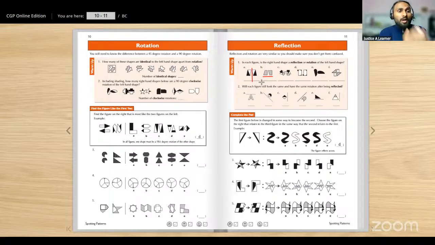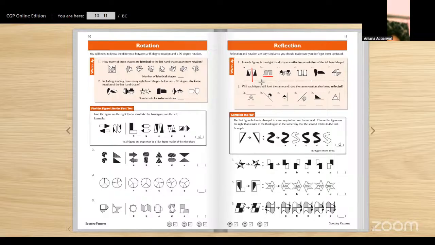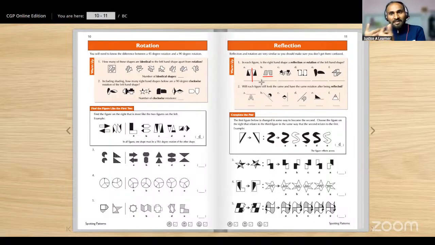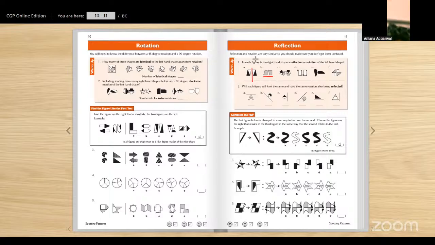But if it is not satisfying the reflection part, we would move to the rotation part. Are you getting my point? So the first check would be for reflection, if the question is asking for reflection and rotation. Did you understand now?